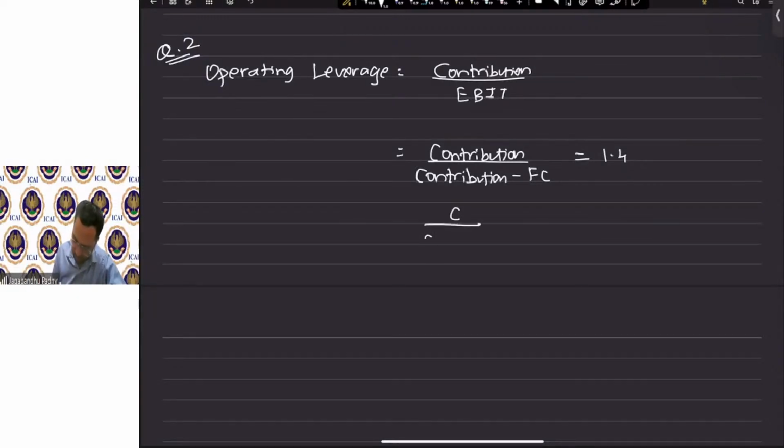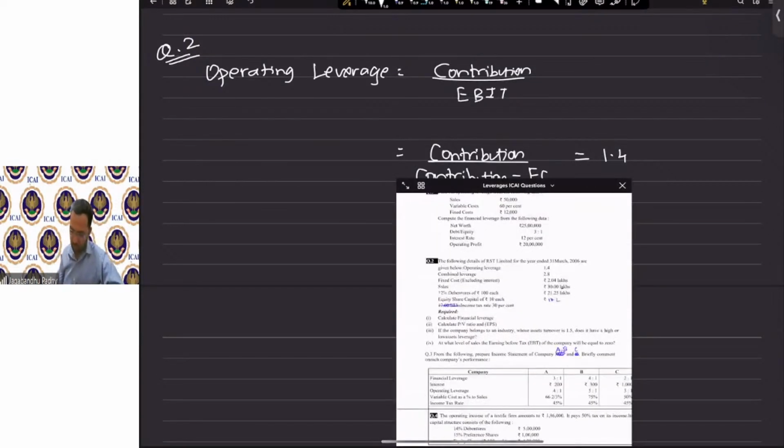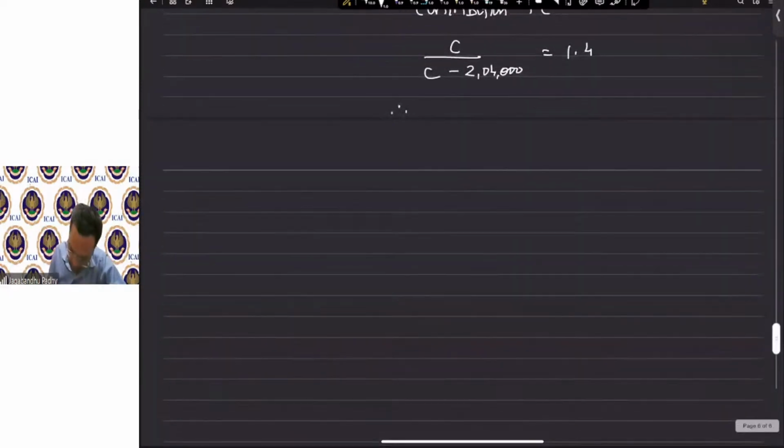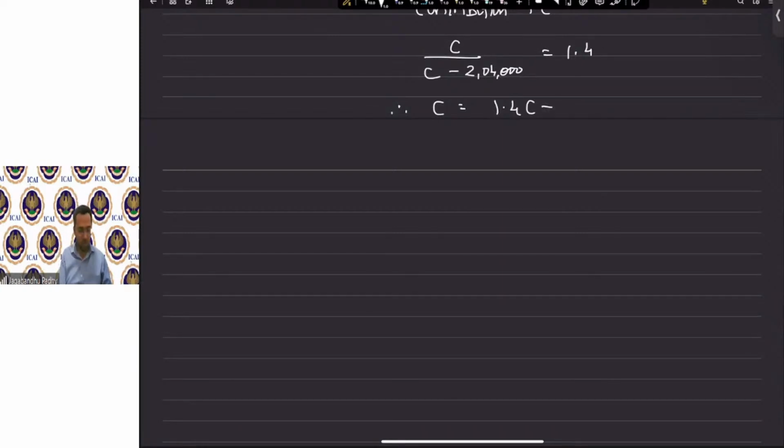So we don't know what's the contribution, but the question has given us the fixed cost excluding interest as 2.04 lakhs. Therefore, just multiply it. You can say contribution is 1.4 contribution minus 1.4 into 2 lakh 4,000, which is 2 lakh 85,600, divided by 0.4.